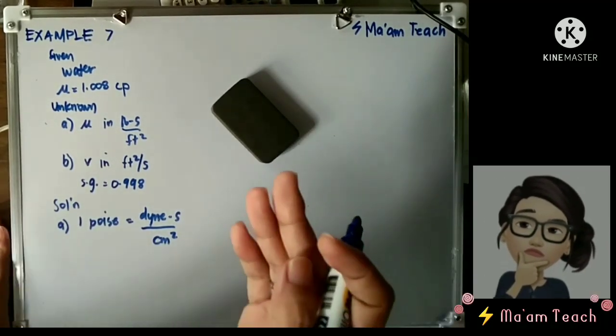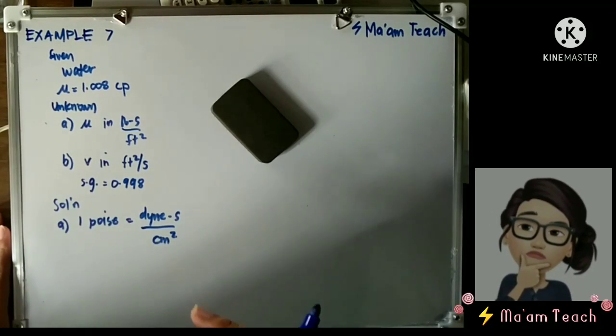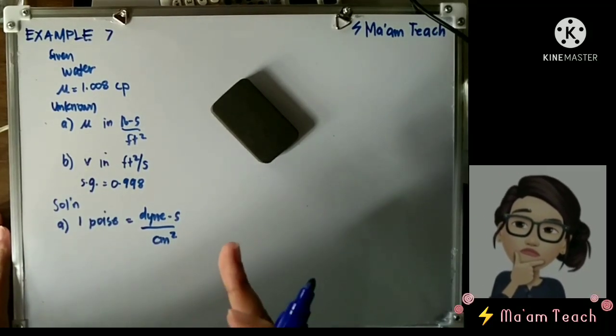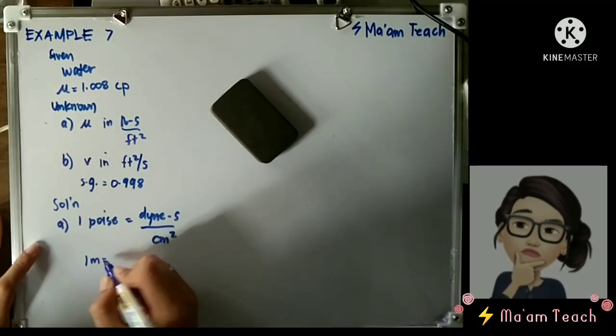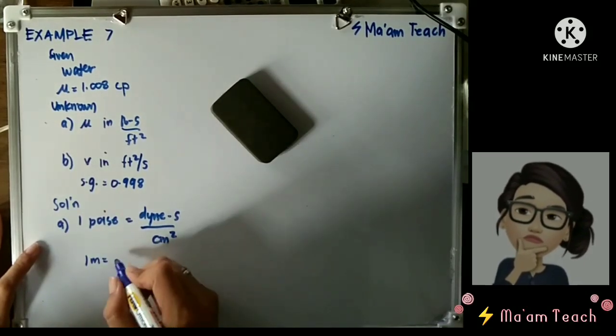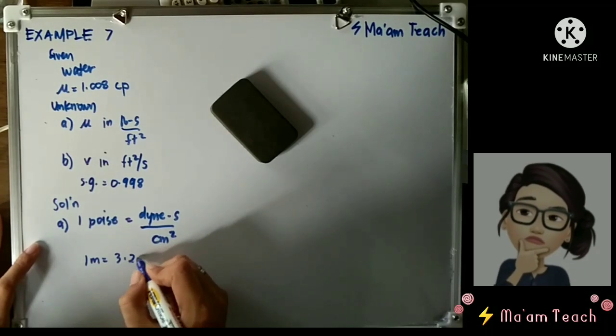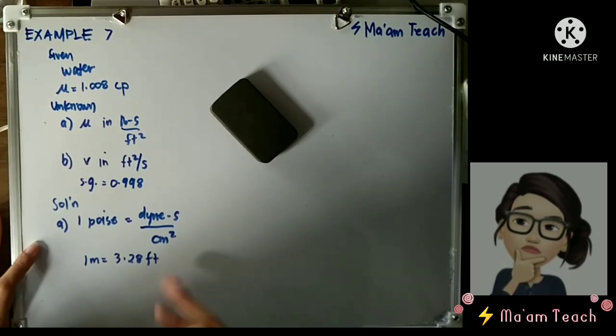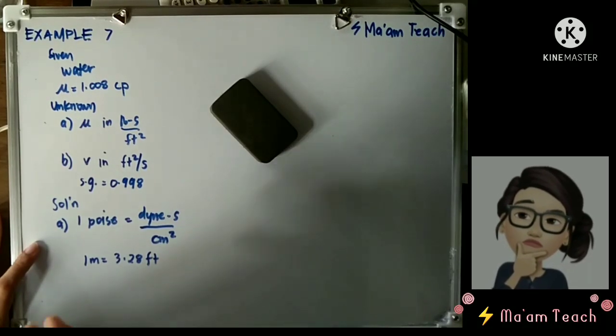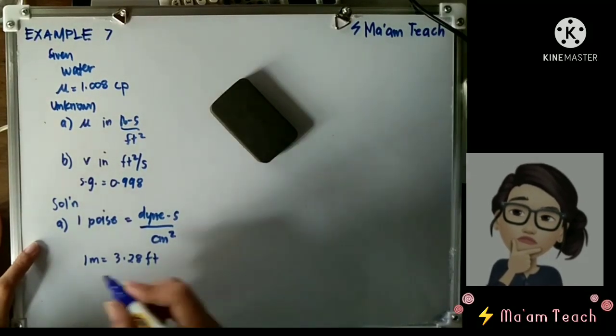So what conversion do we have here? We know that 1 meter is 3.28 feet. And how about dyne? Do we have a conversion from dyne into pound?